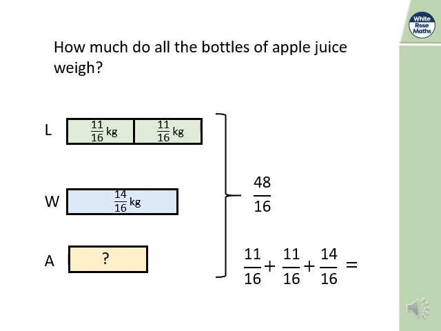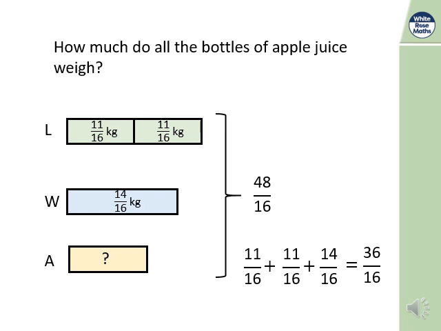So that would be 11/16, add 11/16, add 14/16. What would that be? 11 add 11 is 22. 22 add 10 is 32. 32 add 4 is 36/16. So now we know out of the 48/16, the lemonade and the water weigh 36/16.